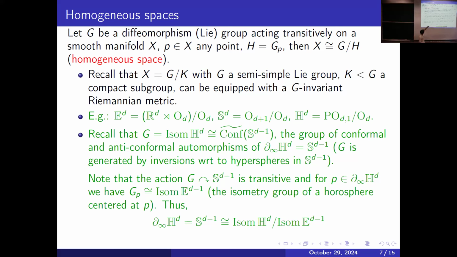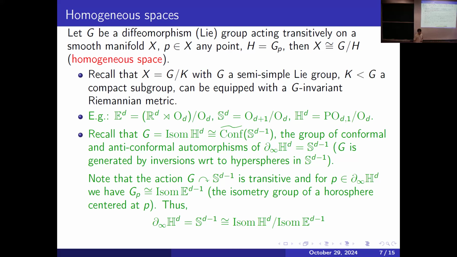It's a very nice fact. It just follows from the above, right? We need to take the quotient of G by the stabilizer, which is the isometry group of the Euclidean (d-1)-space.